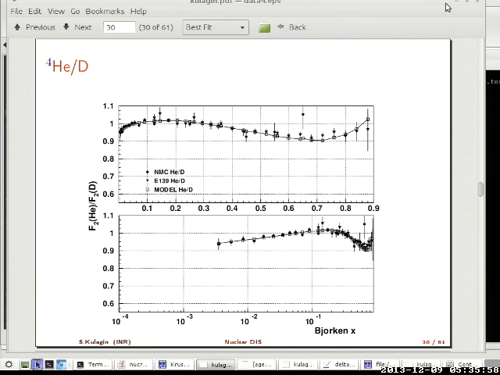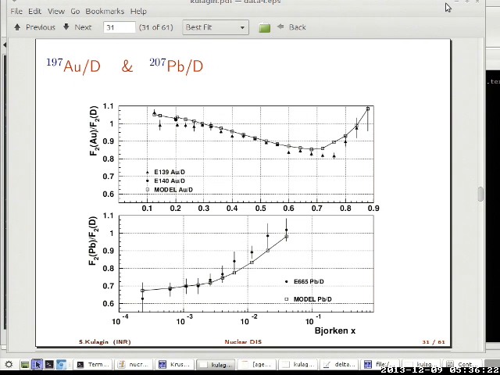The data comes basically from two experiments, NMC and E139. And we found a very good agreement over all kinematical regions, but not only for helium-4, also for all sets of nuclei it works.